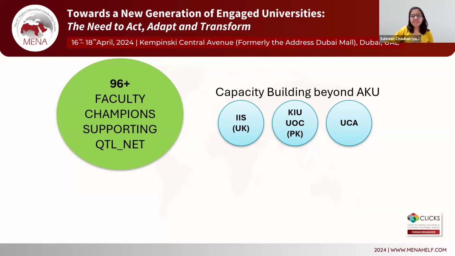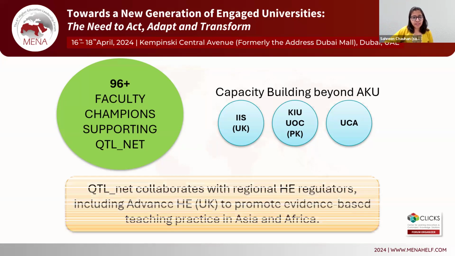IIS is the Institute of Ismaili Studies, a sister organization to AKU in the UK, along with the Karakoram International University, the University of Chitral, somewhere up in the northern areas of Pakistan, and the University of Central Asia. They are part of our outreach support programme.